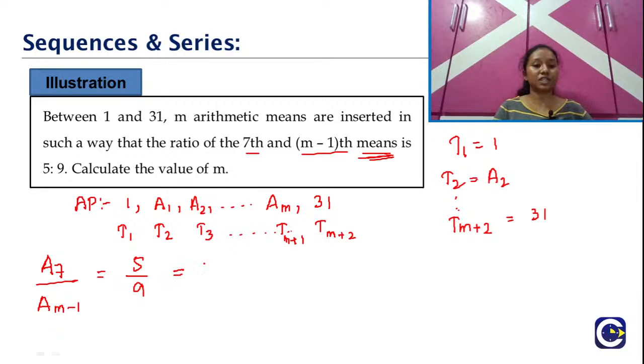Here A7 in terms of terms will be T8, and AM minus 1 will be the term Tm. So we have to figure out the value of A7 and AM minus 1. This is nothing but T8 by Tm. So try to figure out the value in terms of the first term as well as the common difference here.